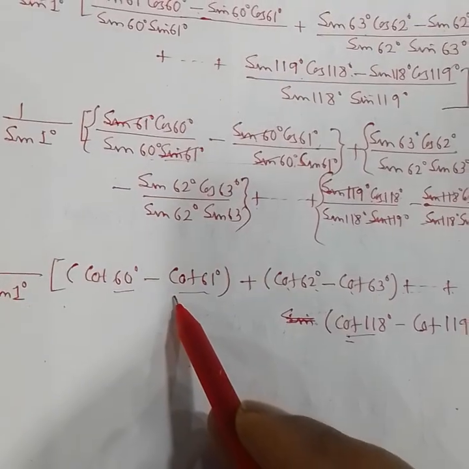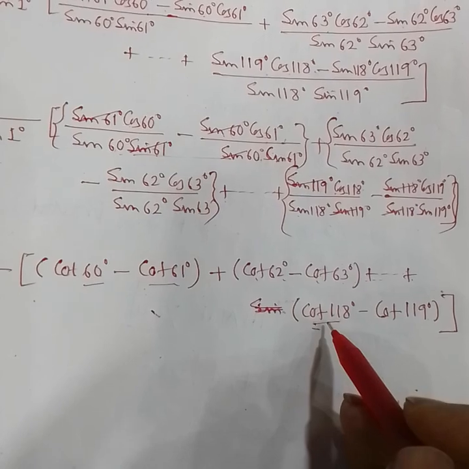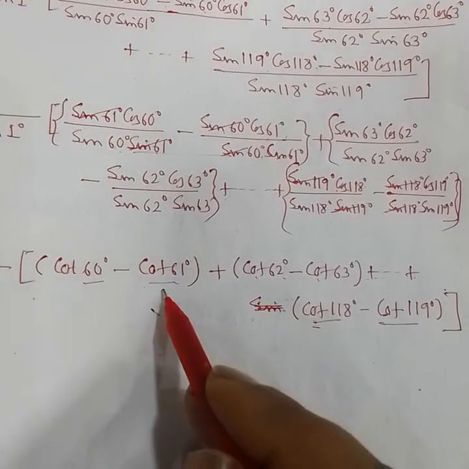And this is the most vital part of the given solution. Look here, can we cancel cot 119 degree with cot 61 degree?